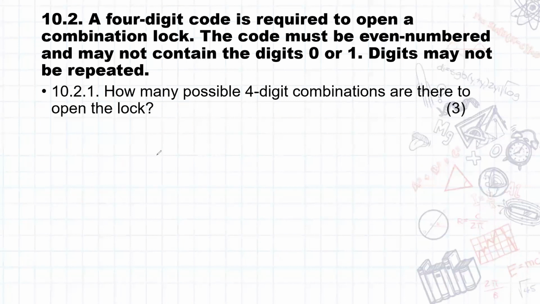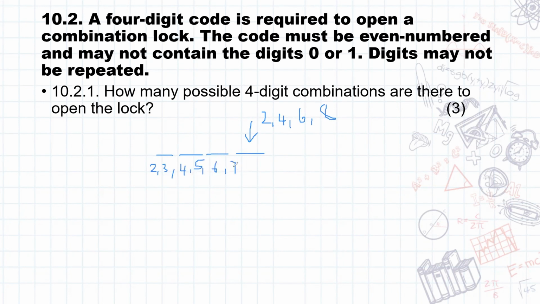And so we'll draw this here. So 1, 2, 3, and 4. And the last one can only be 2, 4, 6, or 8. And the other 3 possibilities are 2, because we can't have 0 and 1, 3, 4, 5, 6, 7, 8, or 9. So this means that in this slot here, we have 1, 2, 3, 4, 5, 6, 7, 8 possibilities.